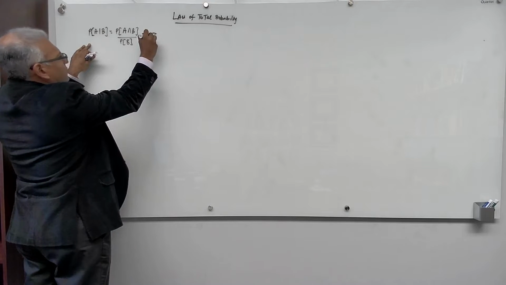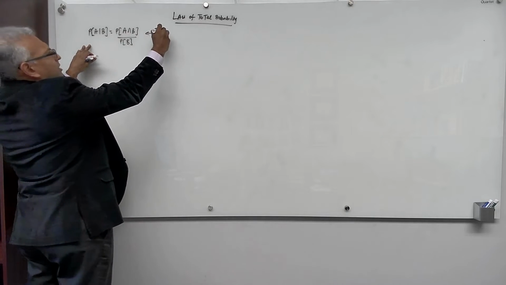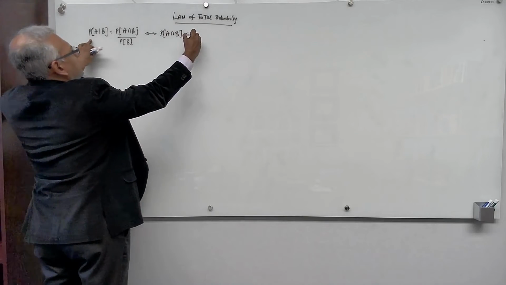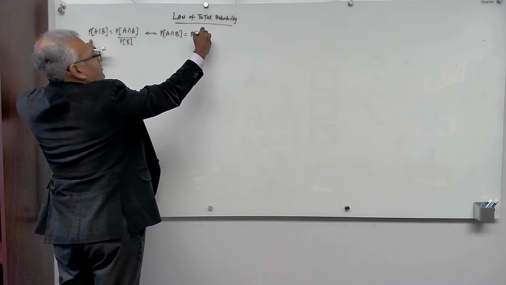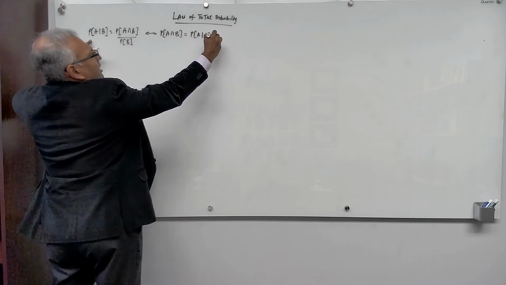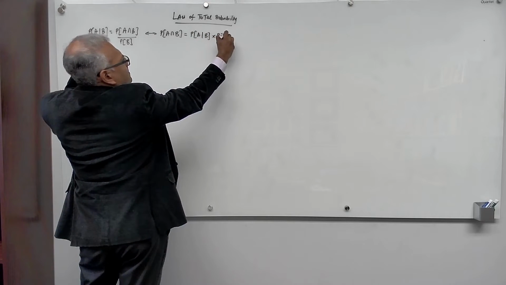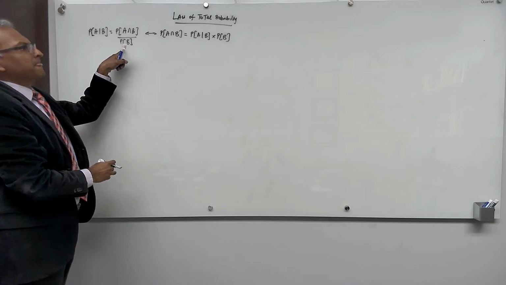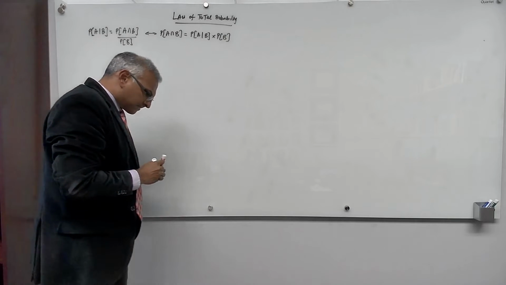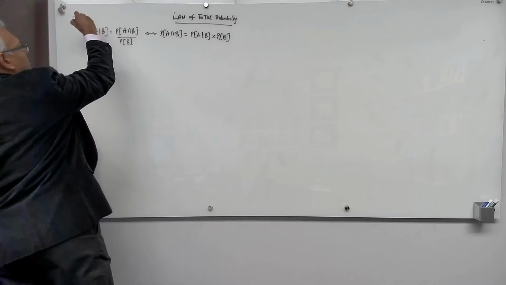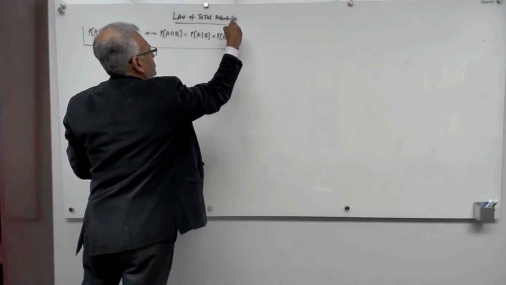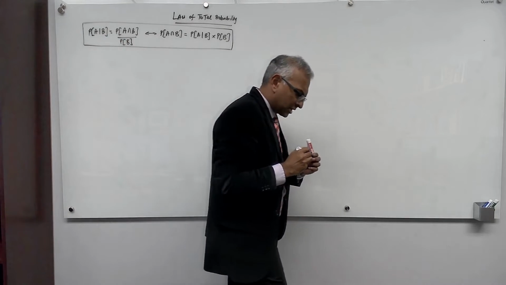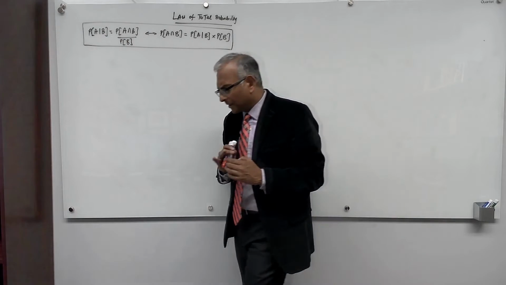This is equivalent to saying that the probability of A and B is equal to the probability of A given B times the probability of B. All I did was rearrange this and multiply both sides by the probability of B. So here's just a review, a repetition of the definition of a conditional probability.